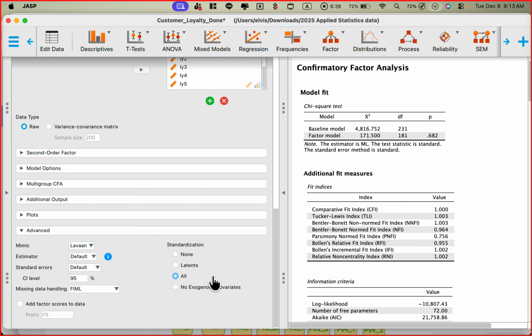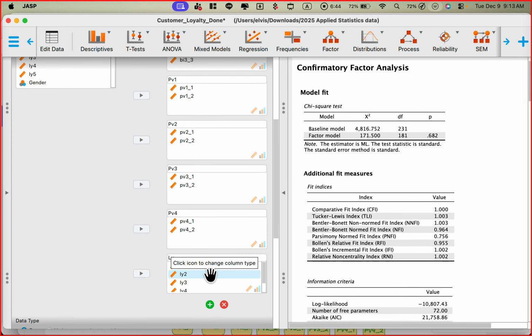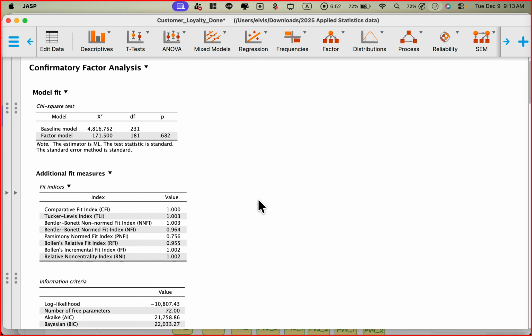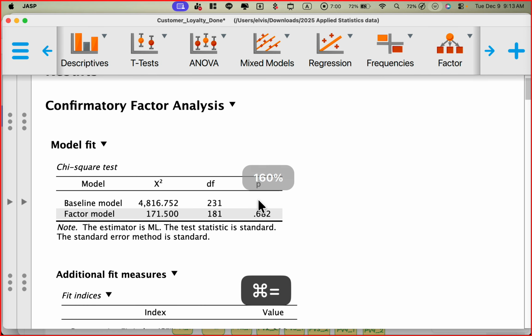Good. Now we already do all the setting for CFA. You can see the report already show on the right hand side. Let me zoom in.